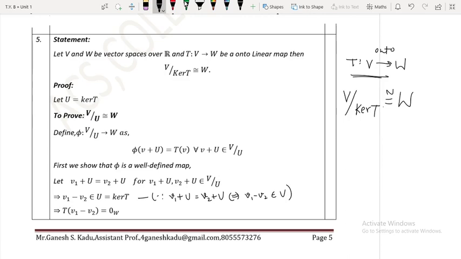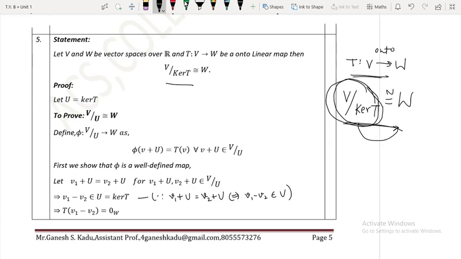So whenever we have to show something is isomorphic and one vector space among the two is a quotient space. I will repeat again. When we are going to use this first isomorphism theorem, we have to show two vector spaces are isomorphic and out of those two, at least one is a quotient space.